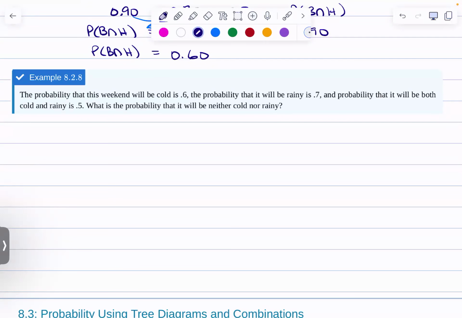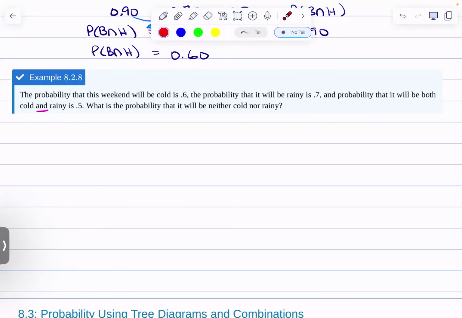The probability that this weekend will be cold is 0.6, although it hasn't been very cold, has it? And the probability that it will be rainy is 0.7, and the probability that it will be both cold and rainy is 0.5. I want you to pay attention to those ands and ors.